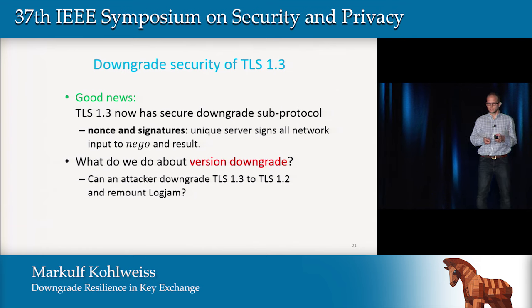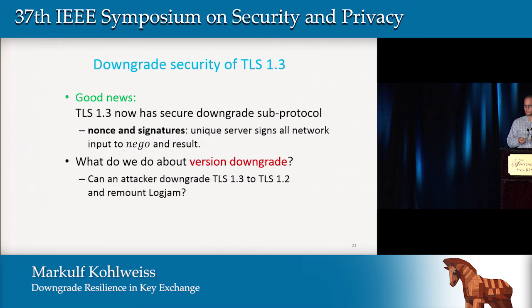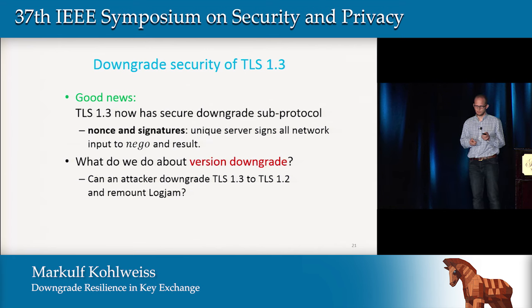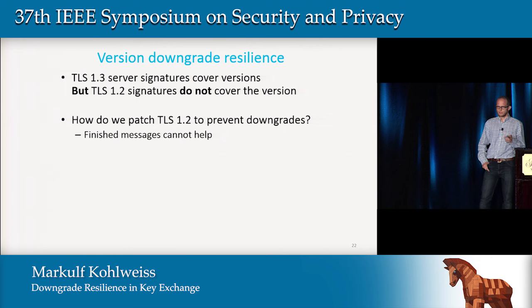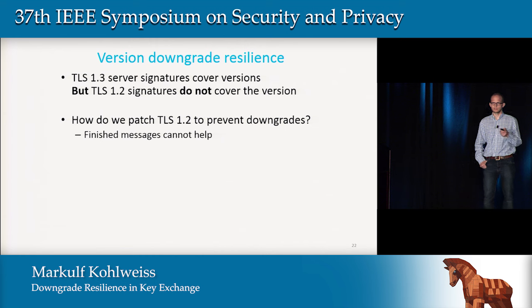Can we downgrade TLS 1.3 to TLS 1.2 and remount Logjam? Unfortunately, there's nothing in the TLS 1.3 standard that could prevent such a downgrade, because the version is never signed.